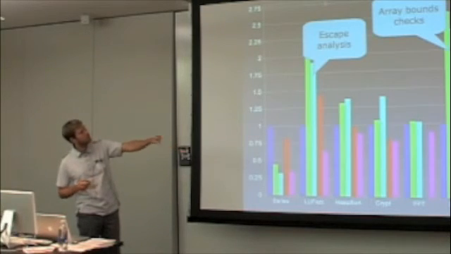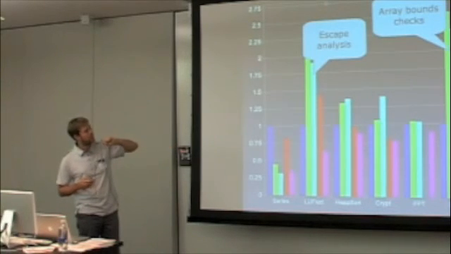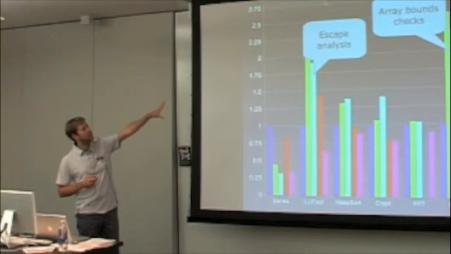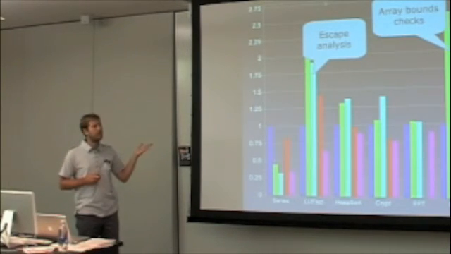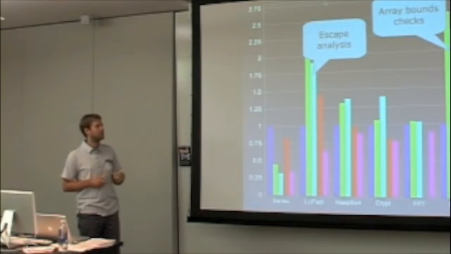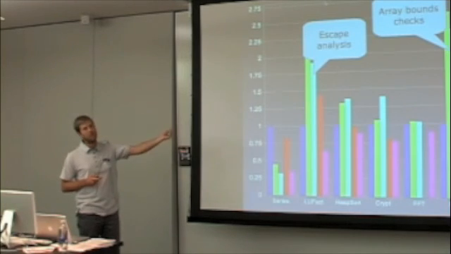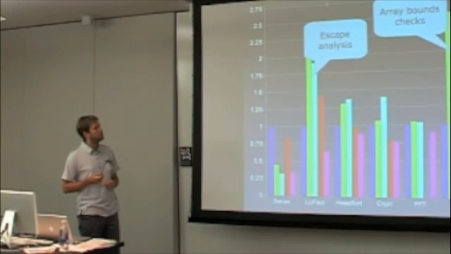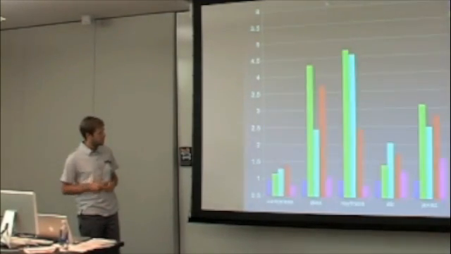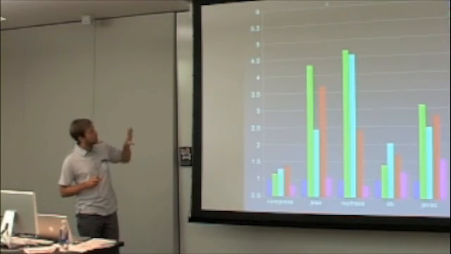For the SOR benchmark, well, Nick's not there, that's because of the array bounds checks: the predicate simplifier pass is not really optimized right now, so it's missing some array bounds checks it could remove. That's why we have lower performance than the other JVMs. Now for real-world applications, the SPECjvm98.